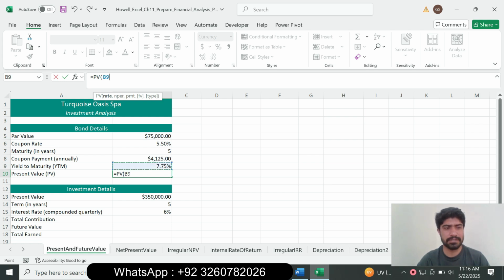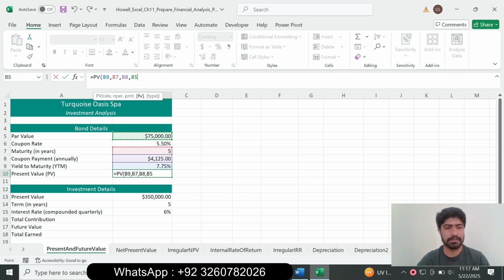Next, B9 is the yield to maturity, the YTM. So select the YTM in B9 and type a comma. B7 is the maturity in years, so select B7 and type a comma. B8 is the compound payments. So select the compound payments and type a comma. Next is B5, the par value.